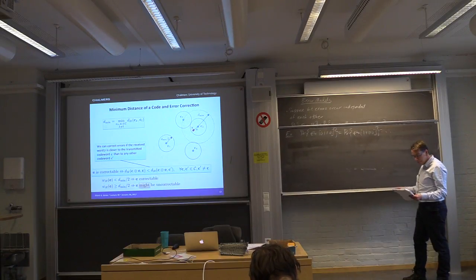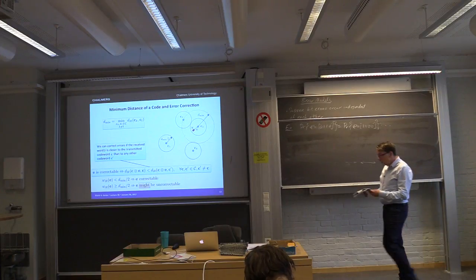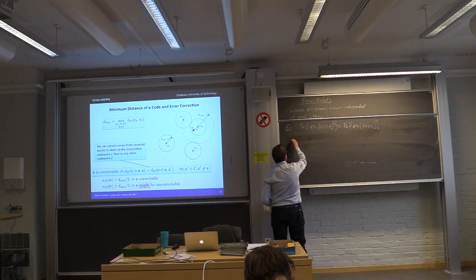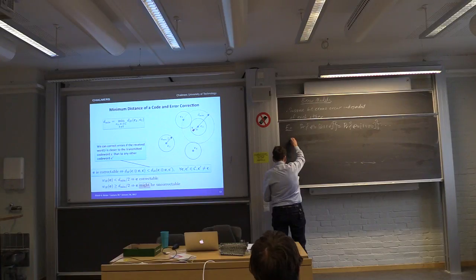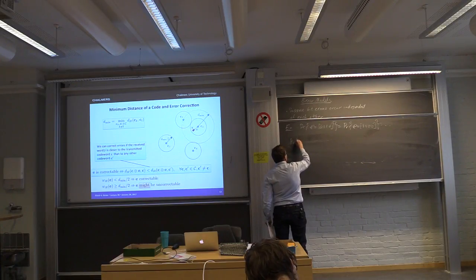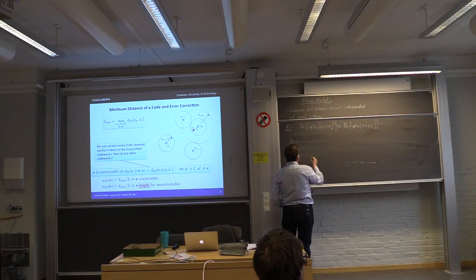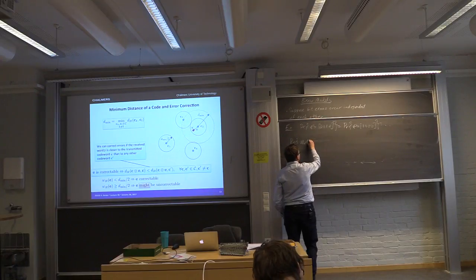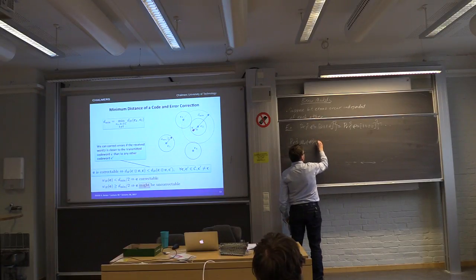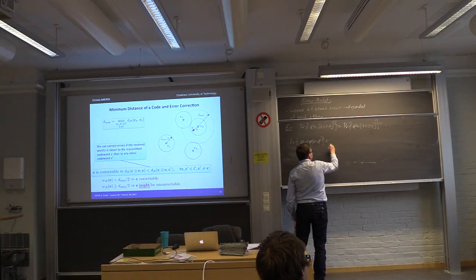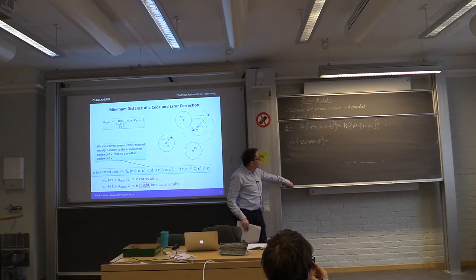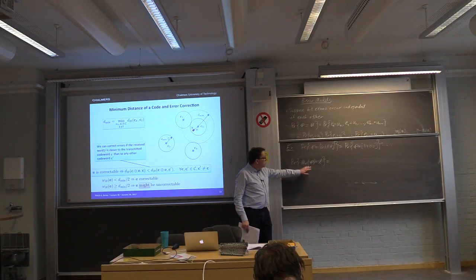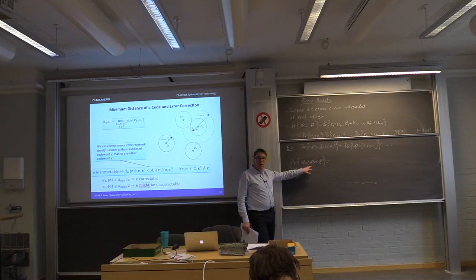Okay. So what is then the probability that the Hamming weight of the error is equal to some number L? This is the probability that the error pattern has exactly L ones in it.